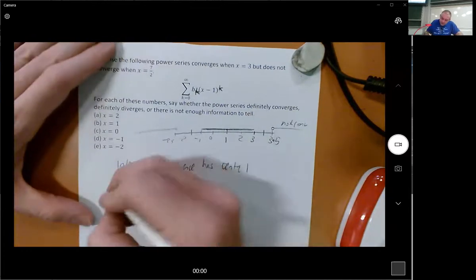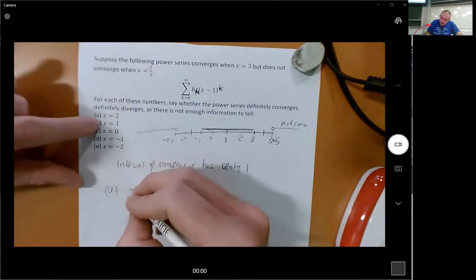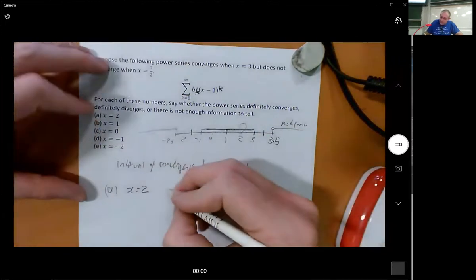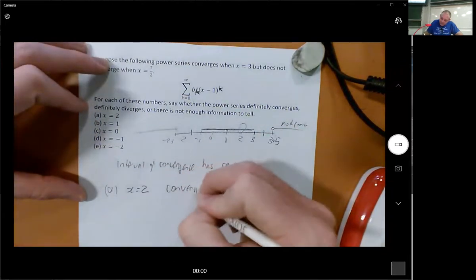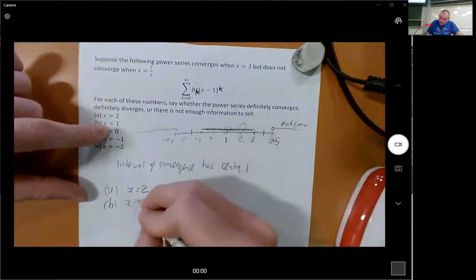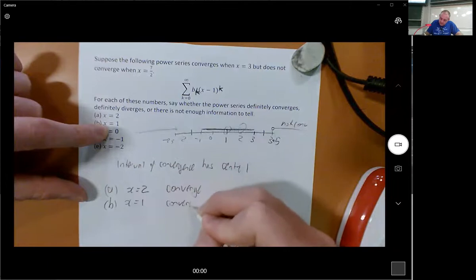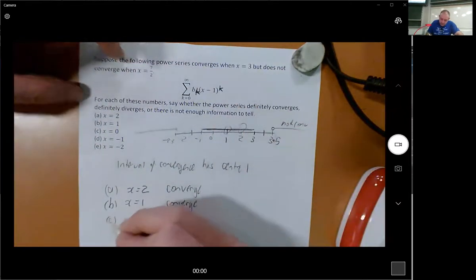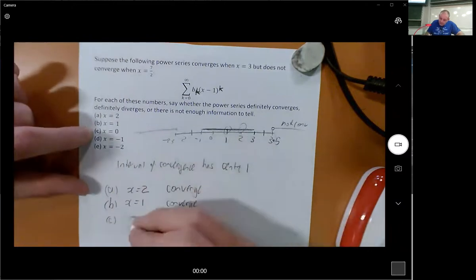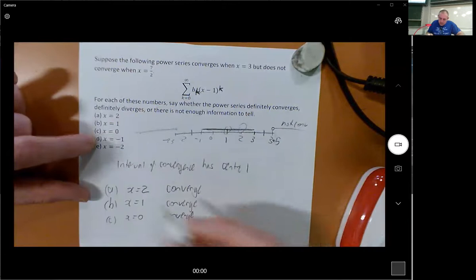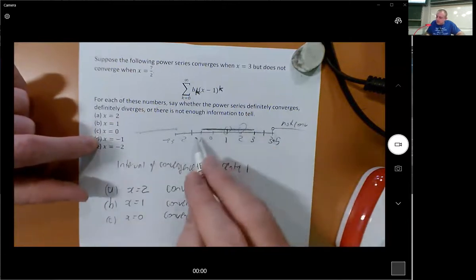Okay, so let's see. x equals 2 is definitely inside the interval of convergence, so it converges here. B, x equals 1, well, that's the center. It definitely converges there, because if you sub in x equals 1, the whole thing is just 0. When x equals 0, definitely inside the interval of convergence. x equals minus 1, not sure.